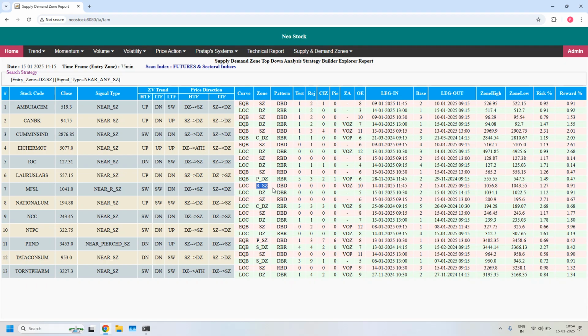We have MFSL, 75 minutes high liquidity supply zone. That's it. We have only one high liquidity supply zone we identified in today's list. That is a 75 minutes high liquidity supply zone. This is the only one stock.